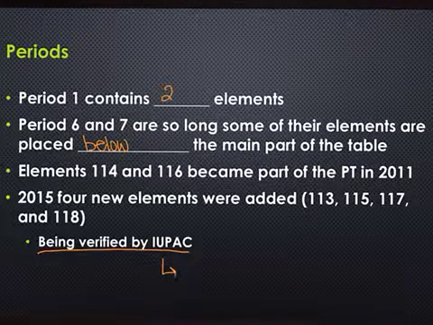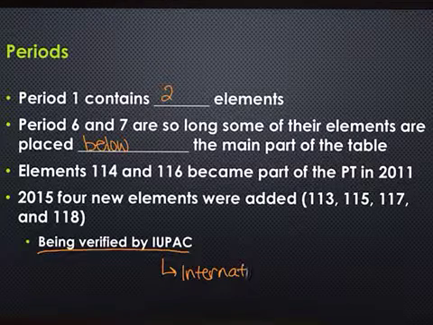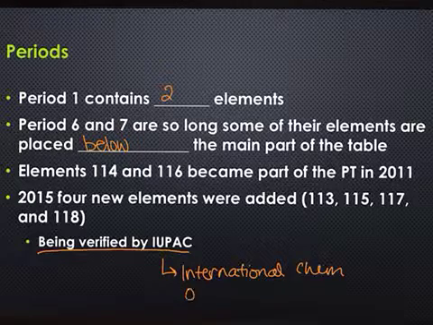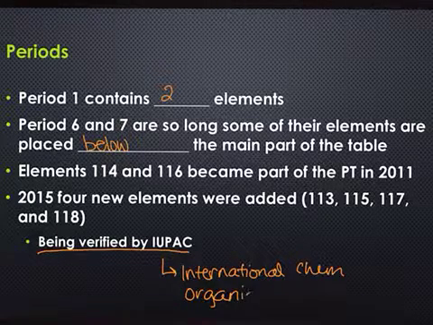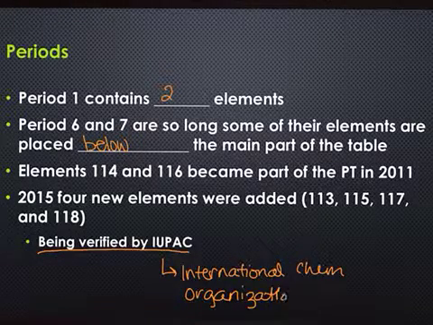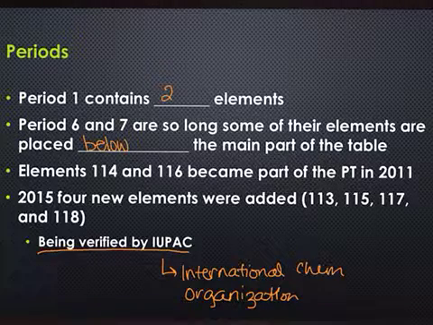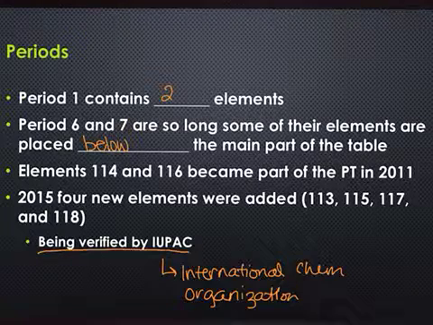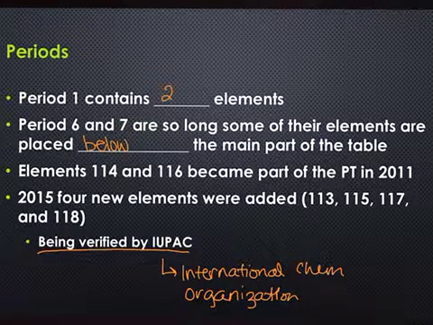This is the big international chemistry organization of the world. So what they're doing right now is they're making sure the scientific research is sound, this element really is stable, and so they are verifying those 4 elements.